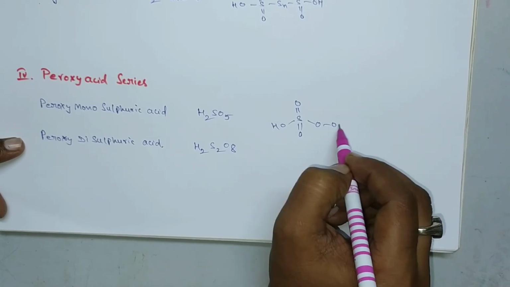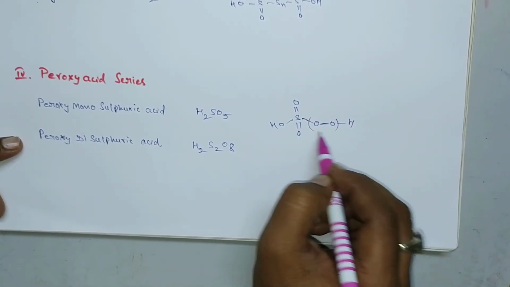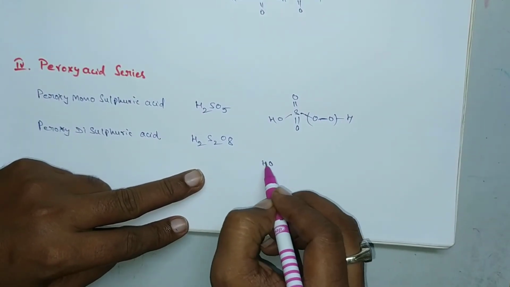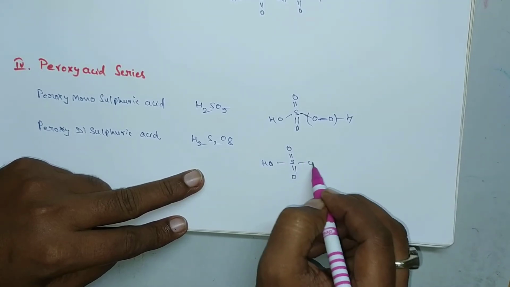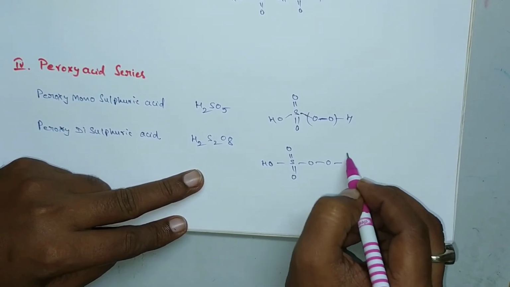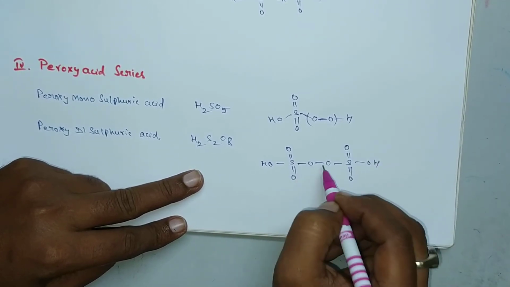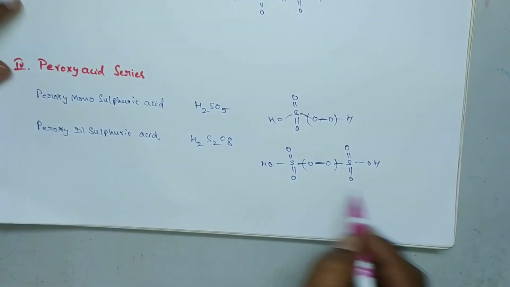So here this OO bond is the peroxy bond. And in case of H2S2O8, we should write like this, S double bond O, and here the peroxy bond is present in between two sulfurs. So this is the peroxy bond.